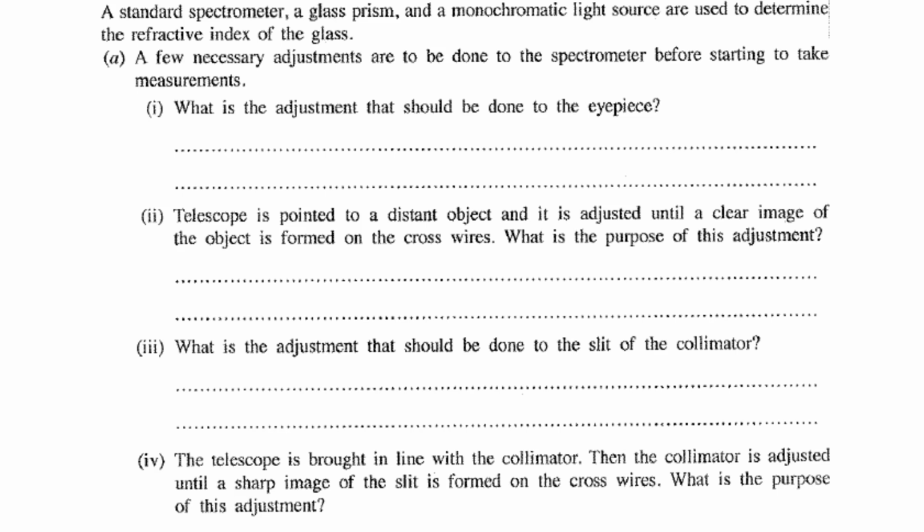Then part 4, the telescope is brought in line with the collimator. Then the collimator is adjusted until the sharp image of the slit is formed on the crosswire. What is the purpose of this adjustment? We have to write the purpose of the adjustment.